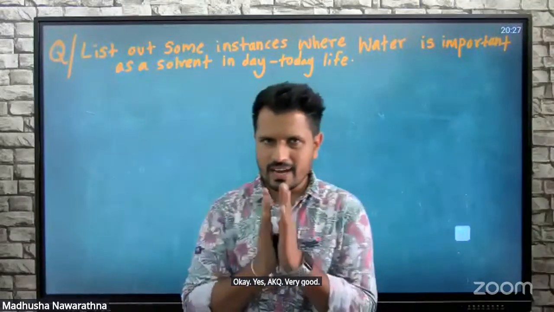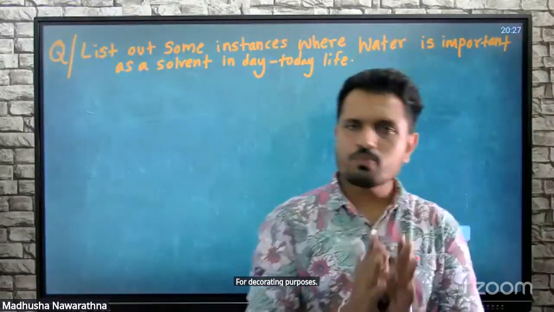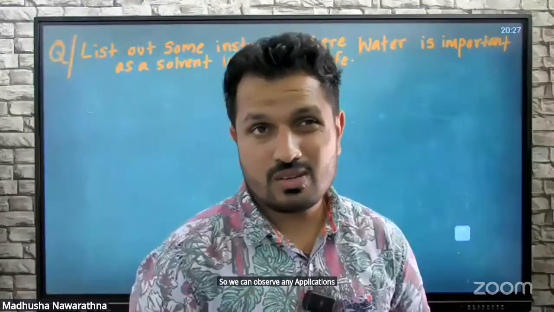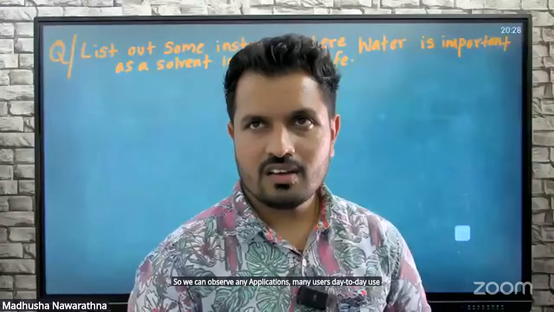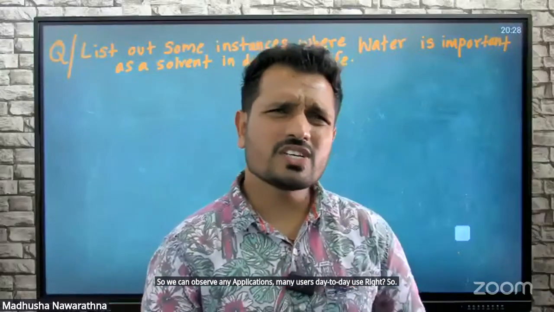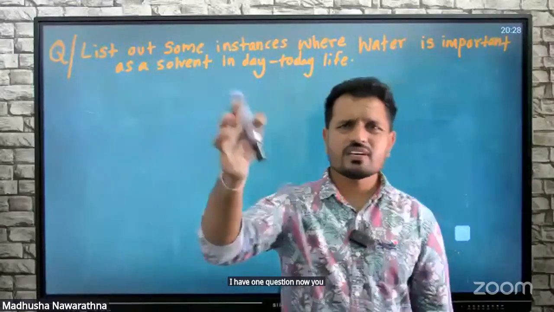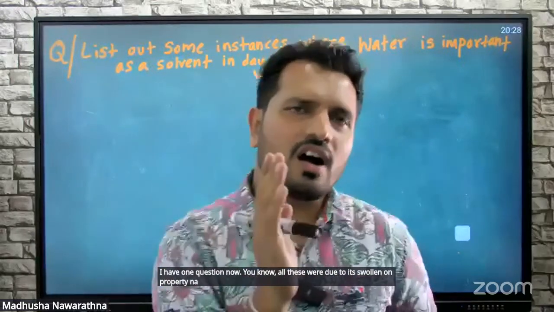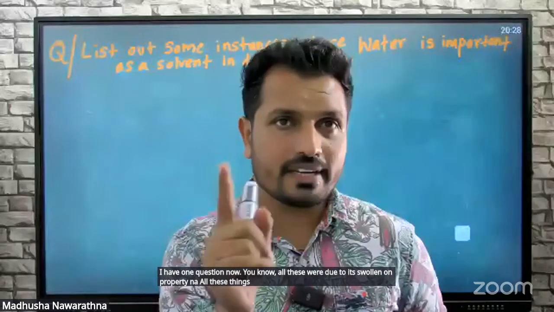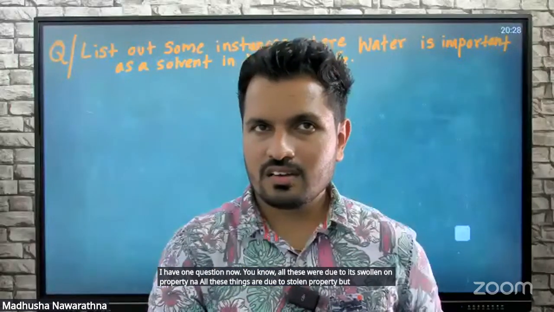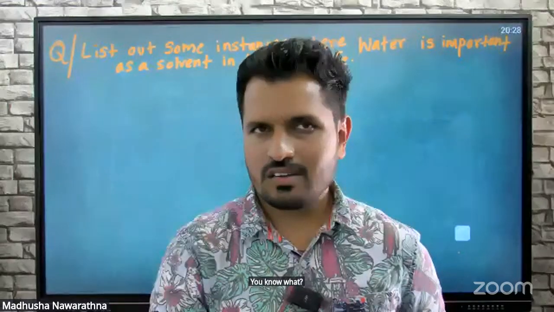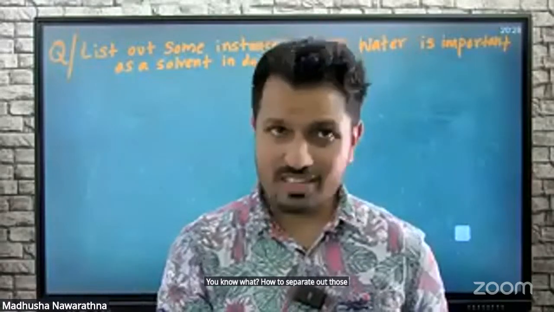Now listen. So we can observe many applications, many day-to-day uses, right? So I have one question now. All these things are due to its solvent property, but do you have any idea how to separate out those compounds after dissolving?